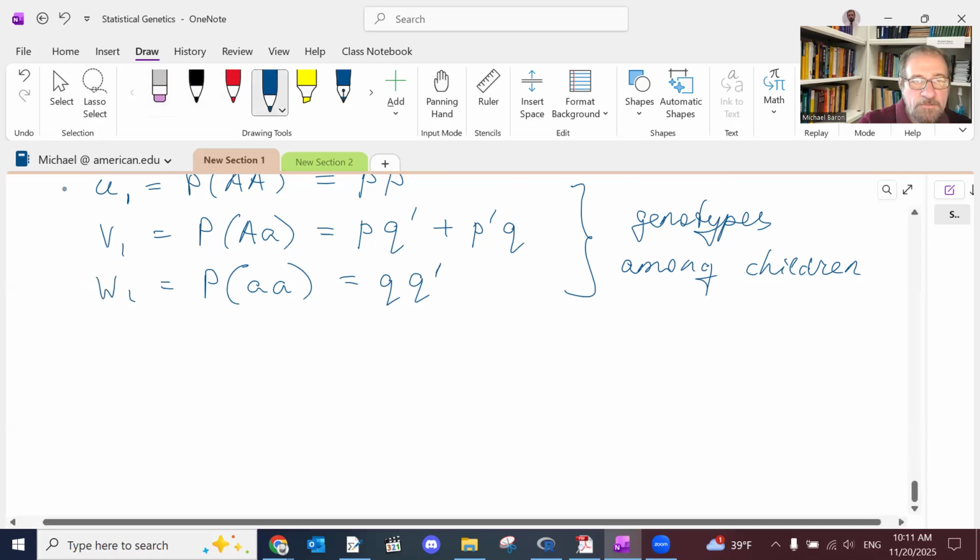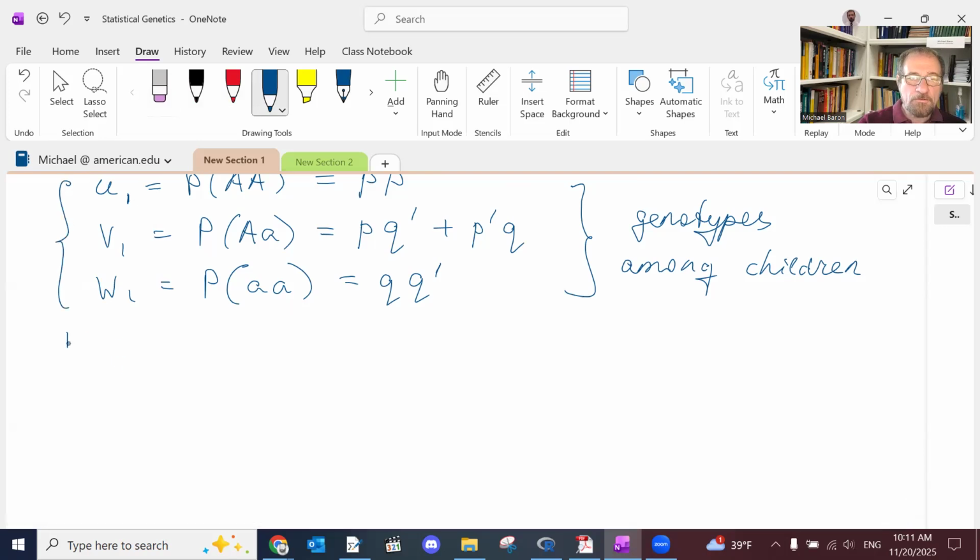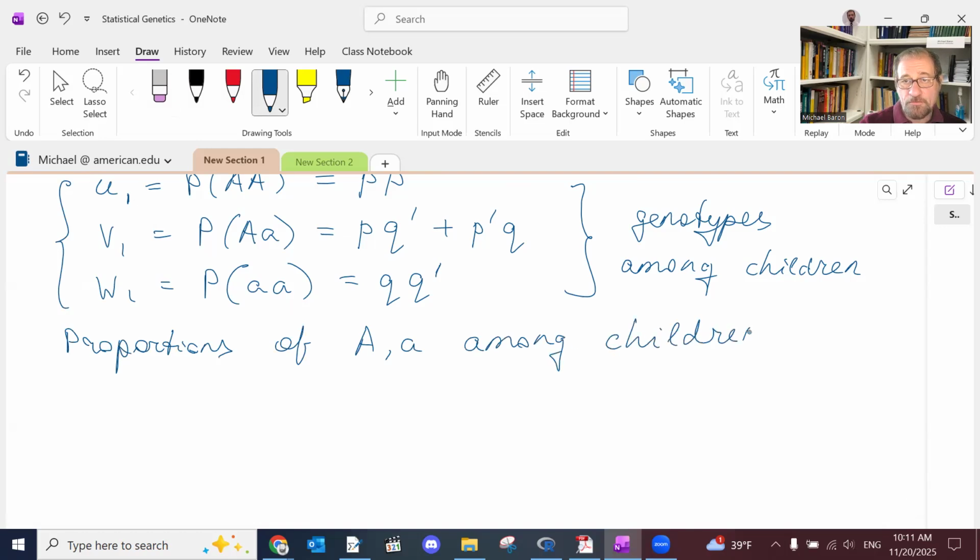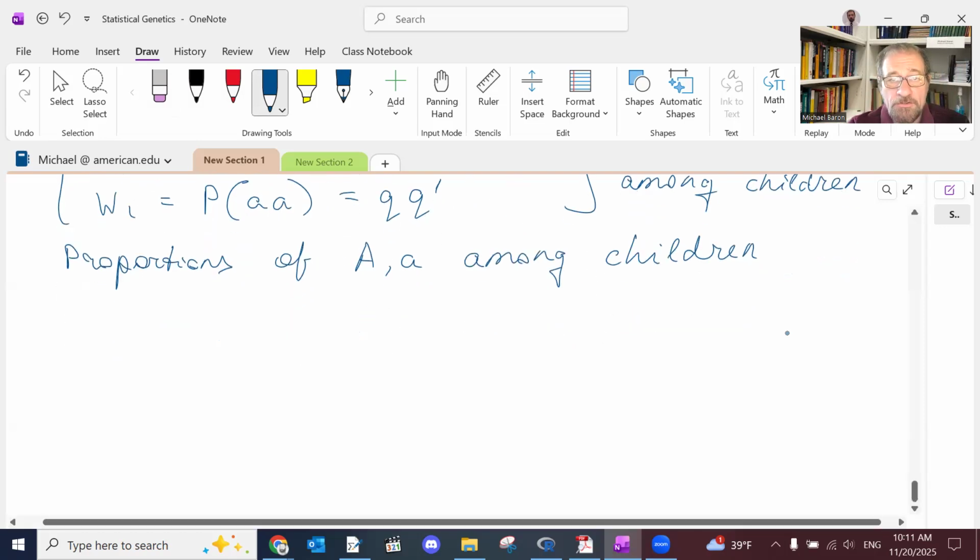U1, V1, W1, the distribution of genotypes. Now, we will calculate proportions of dominant and recessive genes among children. And here we have to distinguish between daughters and sons. Daughters, so female children.